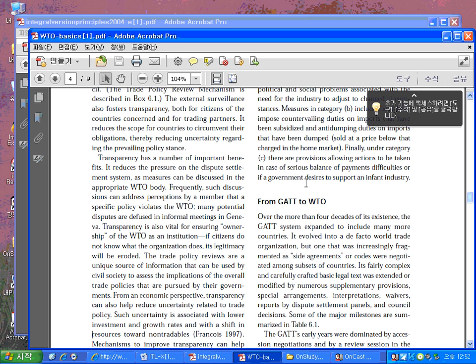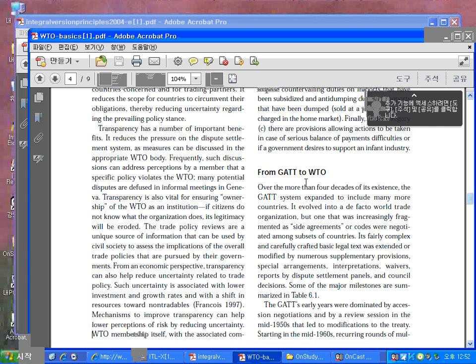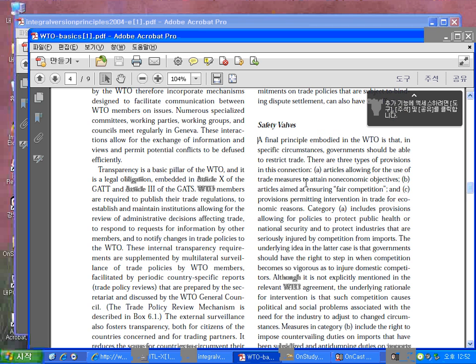And so the WTO could be seen as a massive liberalization scheme or liberalization initiative in the global market.